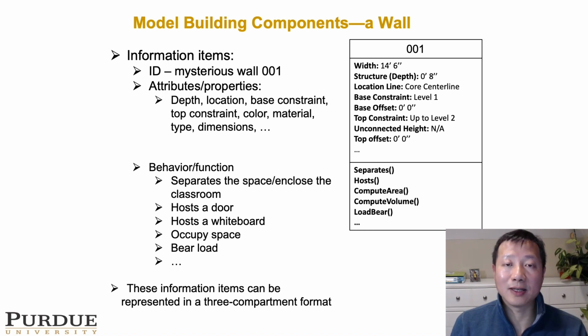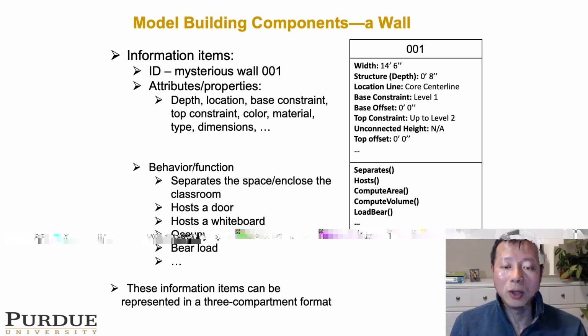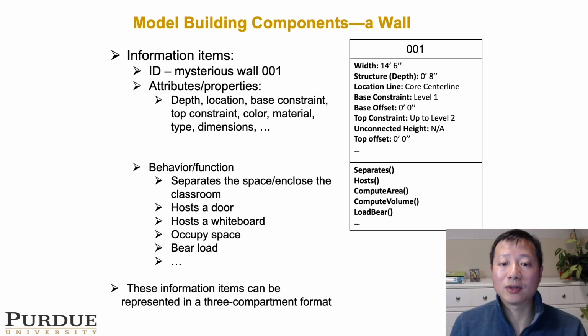Because it is a wall, you end up seeing a door on it, right? So this wall functions as a host for a door. It can also host a whiteboard. It occupies space. Even if it's an interior wall, we don't expect it to be a load-bearing wall, but it still can bear some light loads, right?